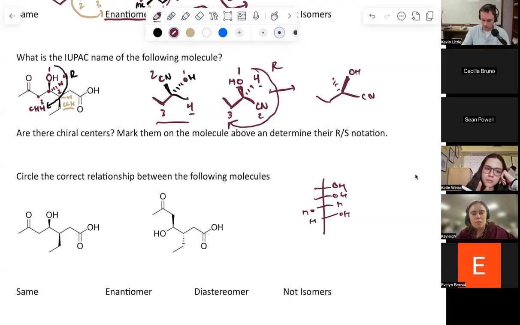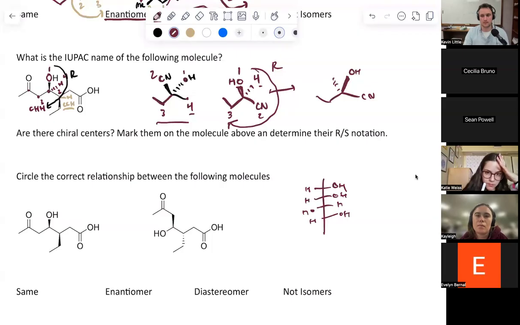I'm not going to give you a Fischer projection and ask you to do R and S with it. If it helps you to do it, if you saw a video of someone doing it, go for it. It is a very reliable way of determining R and S.